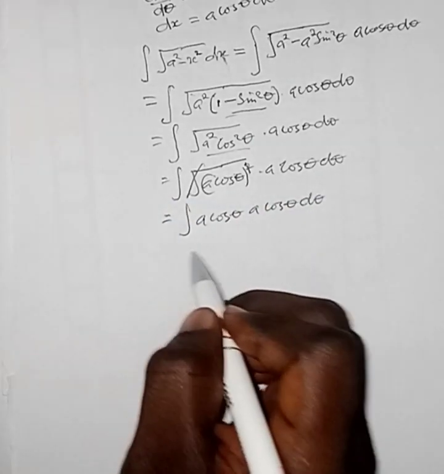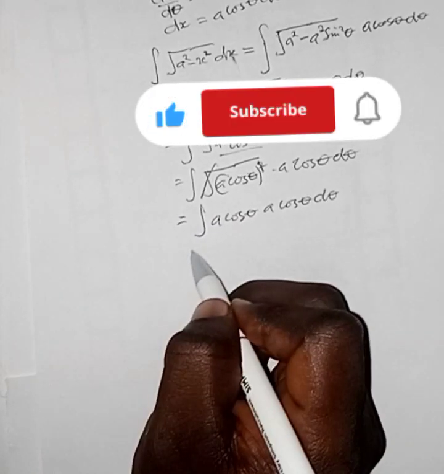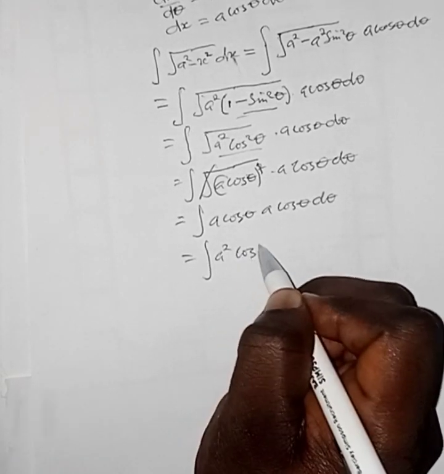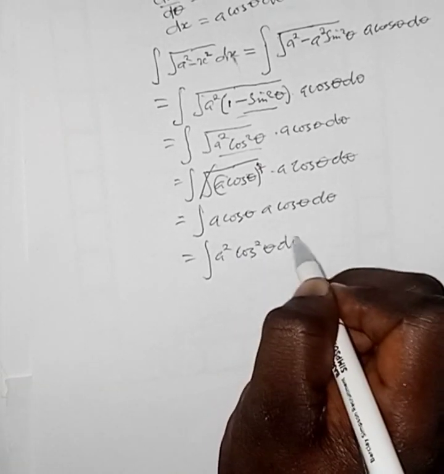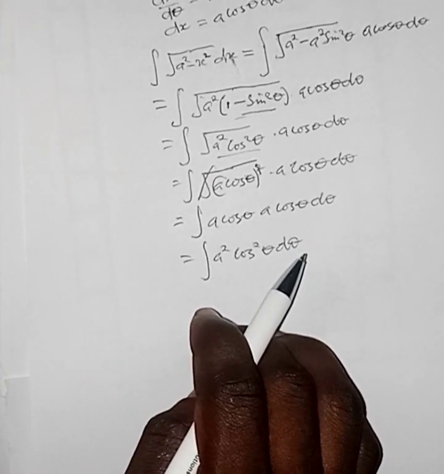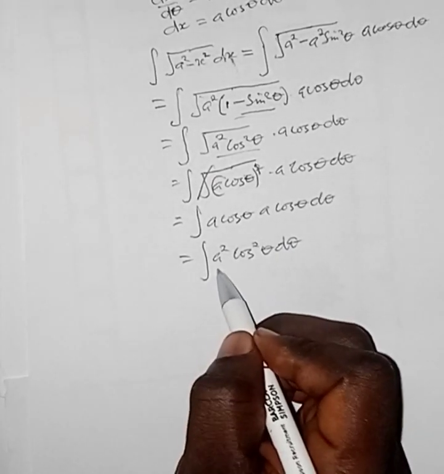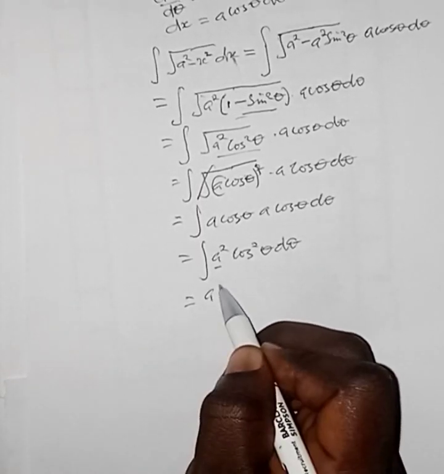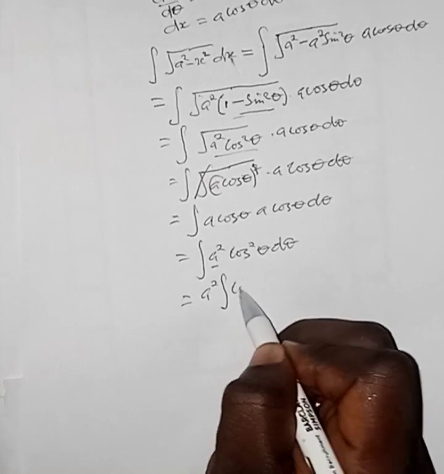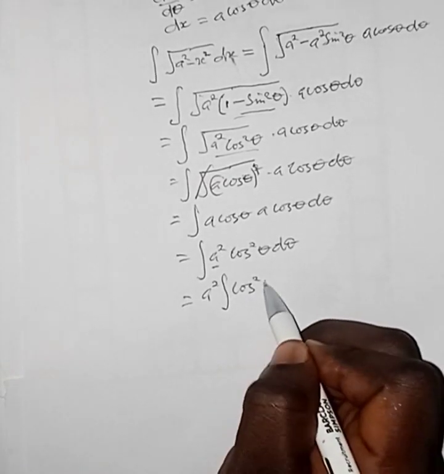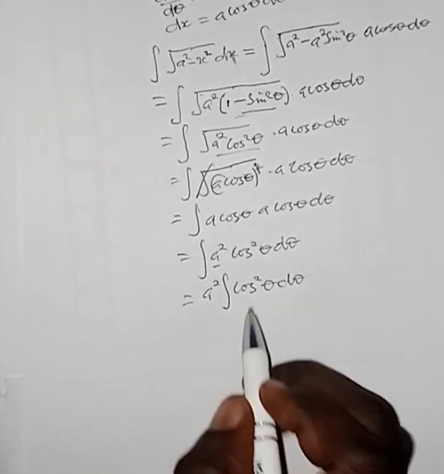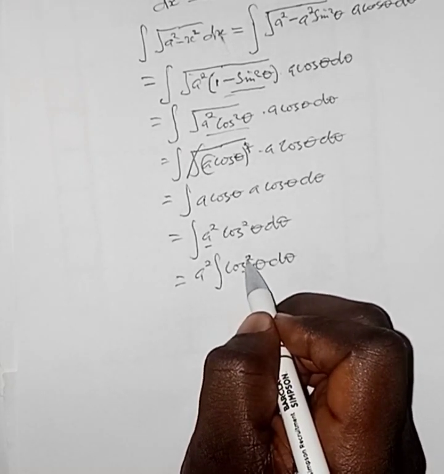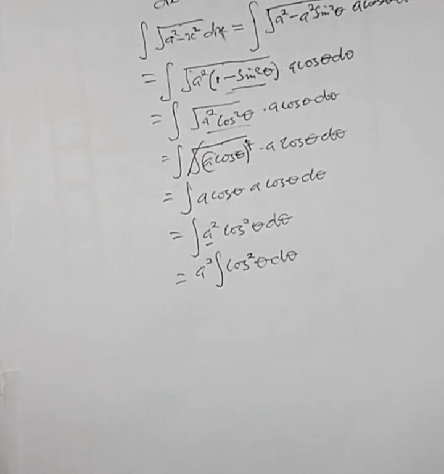Now moving forward, we can multiply these two, and then we have the integral of a squared cos squared theta d theta. As we proceed, we can factorize this out, because this is a constant. So we'll be having a squared times the integral of cos squared theta d theta. What we are going to be doing now is to make another substitution, which we know so well.